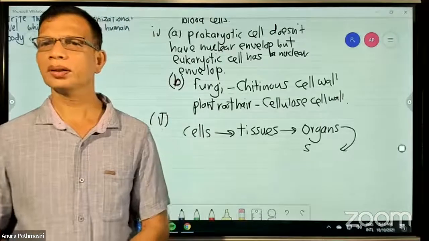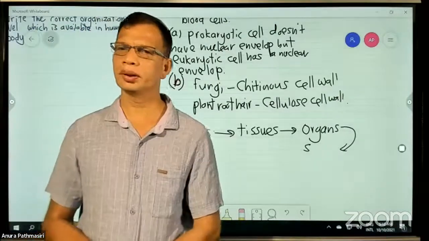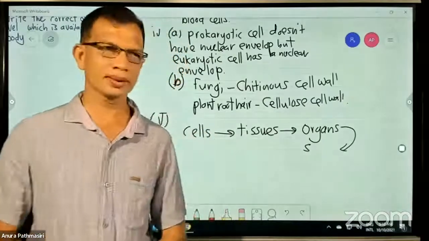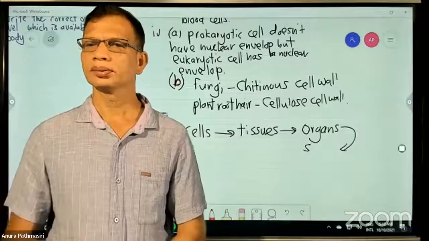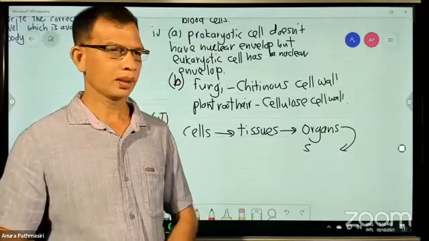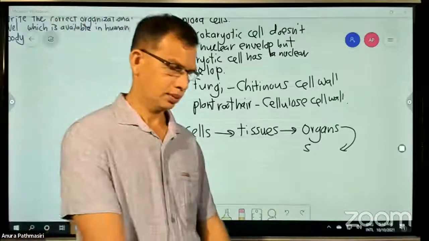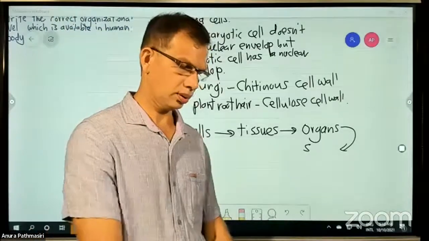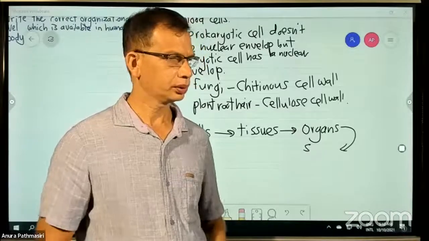Chitin is a protein, right? And the exoskeleton of the arthropoda, insects, crustaceans is so, right? Am I correct? Chitin is a protein, isn't it? P-R-O-T-E-I-N. Chitin.